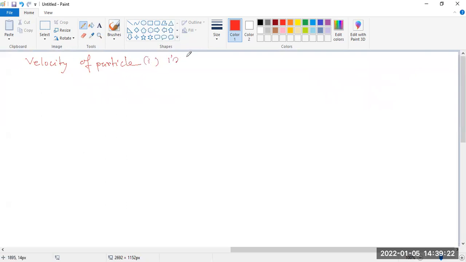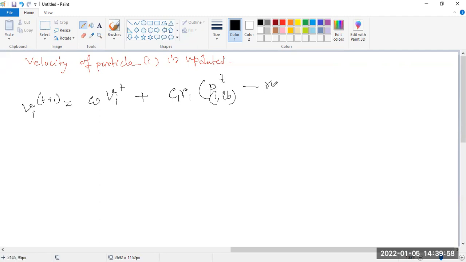Particle i is updated as follows: vi(t+1) equal to omega times vi(t), the current velocity, plus c1 r1 times (pi lb(t) minus xi(t)), the local best, plus c2 r2 times (pg gb(t) minus xi(t)), the global best.